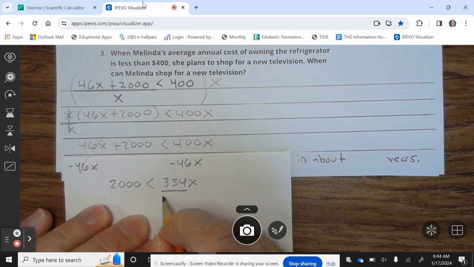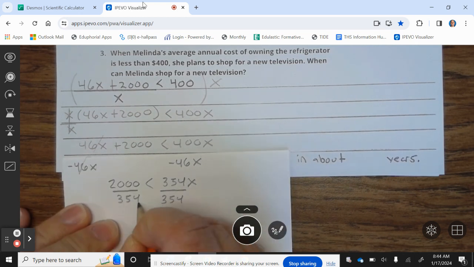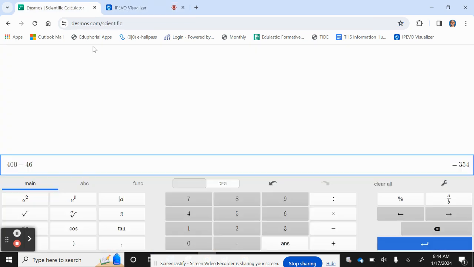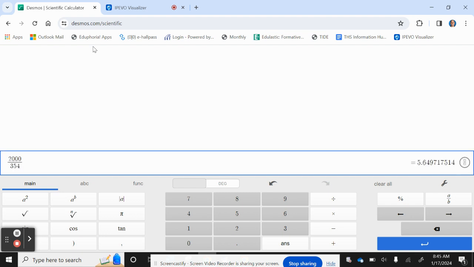We're going to divide both sides by 354. This becomes 1. Let's round that to a whole number. So 5.6, let's round that to 6.